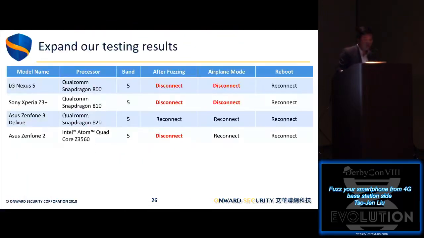We also expanded our testing research to different cell phones like the Sony Xperia Z3, Asus Zenfone 3 Deluxe, and Asus Zenfone 2. We found another one, the Sony Xperia Z3 Plus, which uses the Qualcomm Snapdragon 810. It has the same vulnerability. The Asus Zenfone 2 uses another processor, but has the same situation.